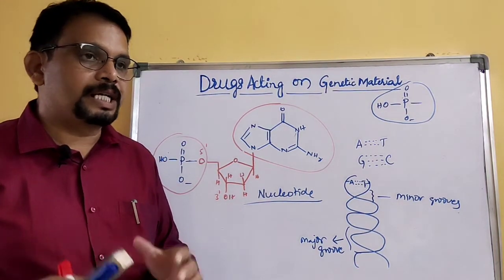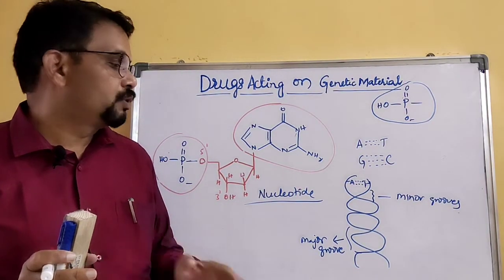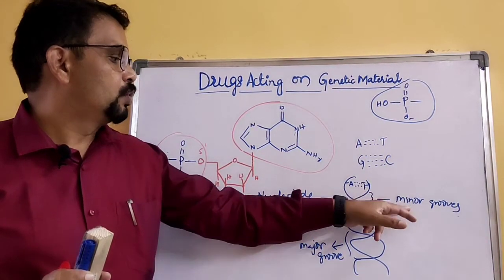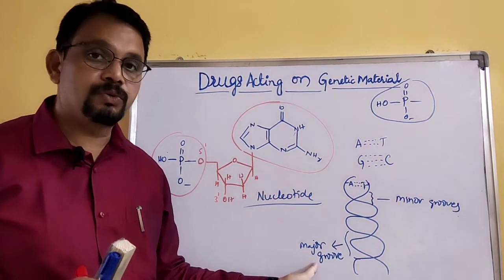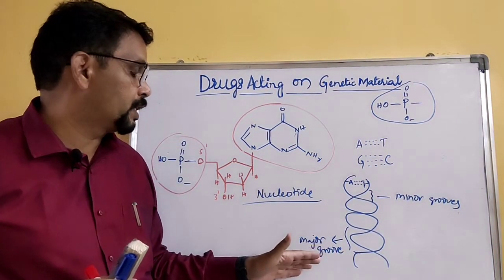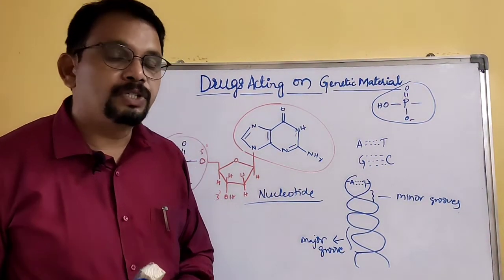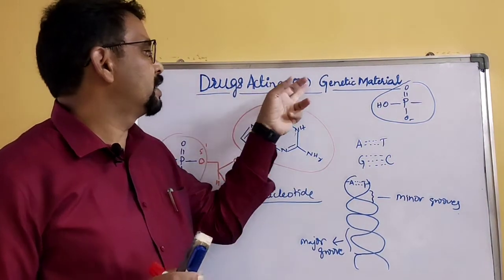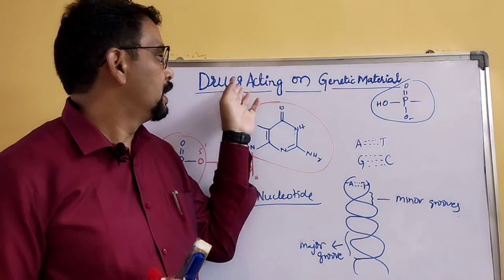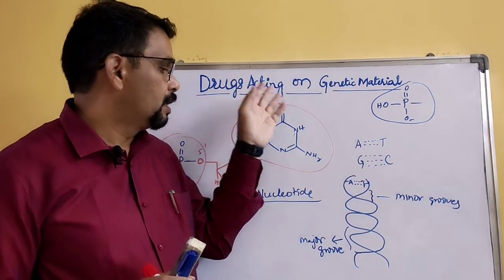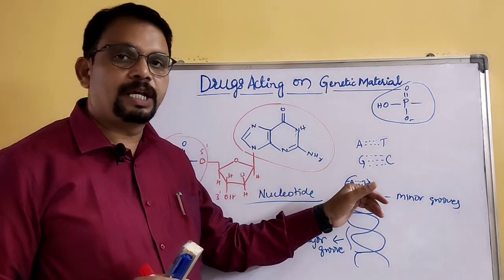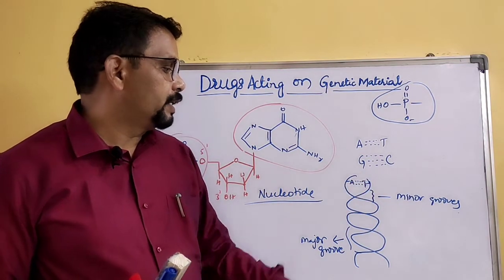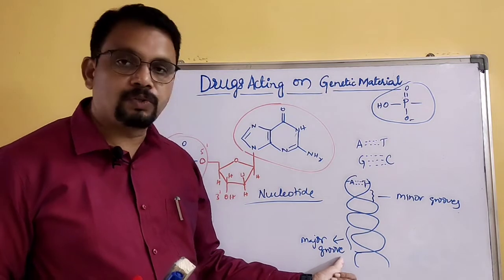The drugs which are able to insert in between the DNA chains through these minor grooves and major grooves, you should remember this point. The drugs acting on genetic material slip into the DNA double helical structure and interact with the DNA through minor grooves or major grooves.